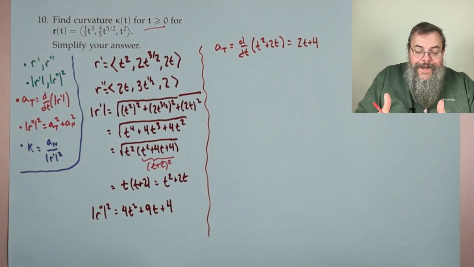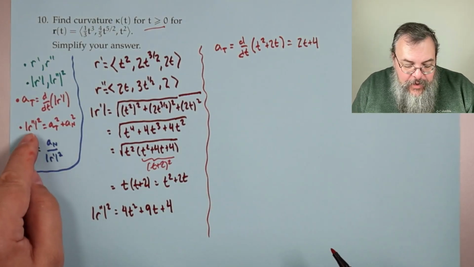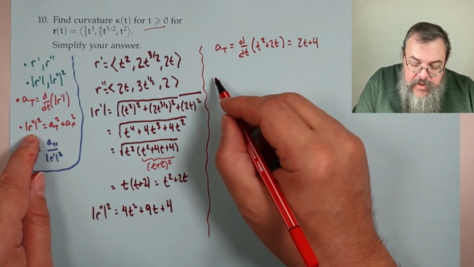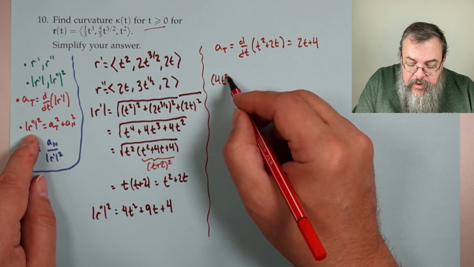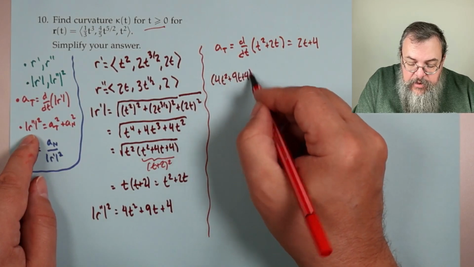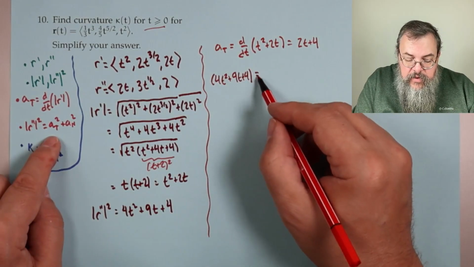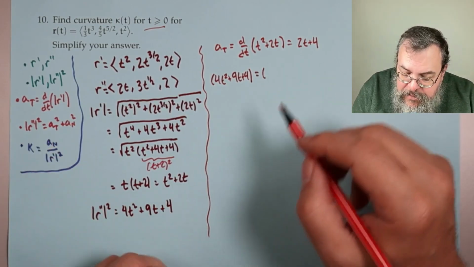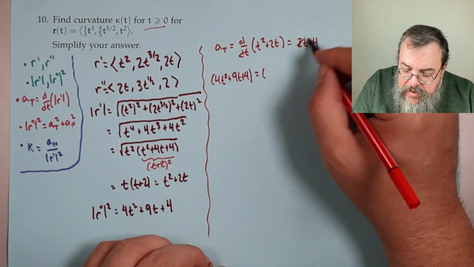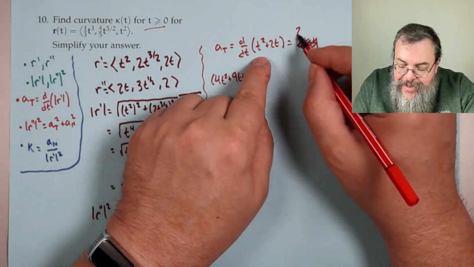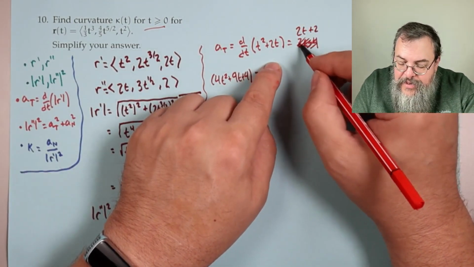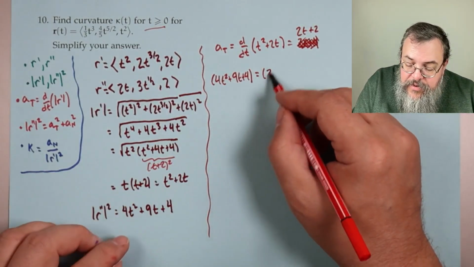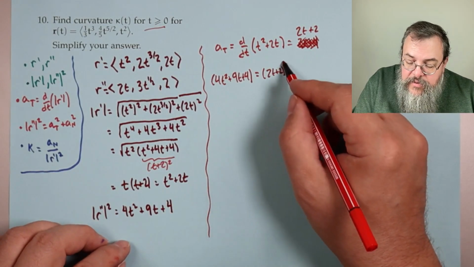Cool. Now, we go right into this part. Magnitude of r double prime squared, that's our 4t squared plus 9t plus 4 equals this. Whoops, why did I say 2t plus 4? 2t plus 2. My goodness. All right, equals 2t plus 2 squared.